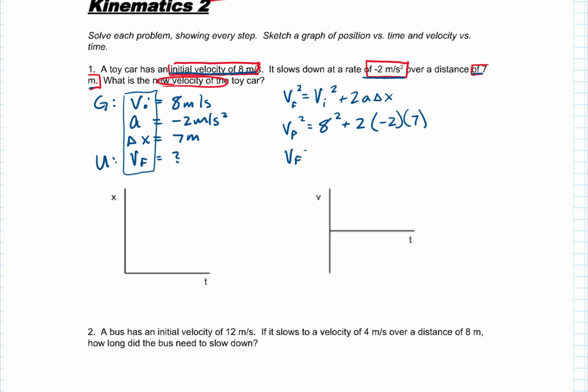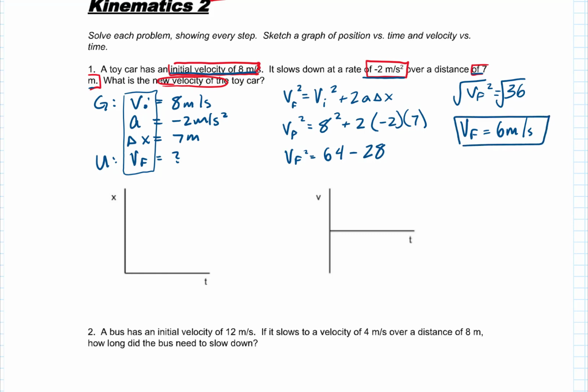So the final velocity squared is equal to 64 minus 28. So final velocity squared is equal to 36. And so to get the final velocity, we're going to square root both sides. And so that final velocity comes out to be 6 meters per second.